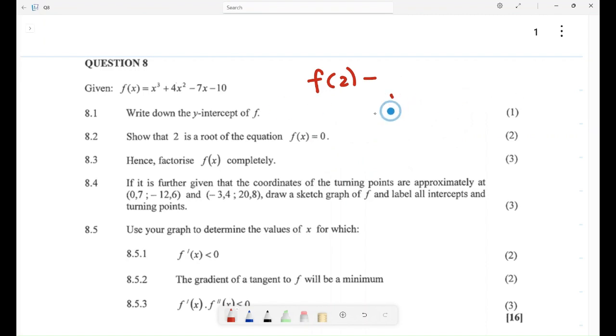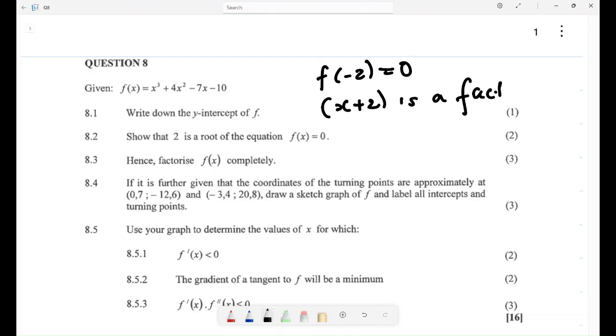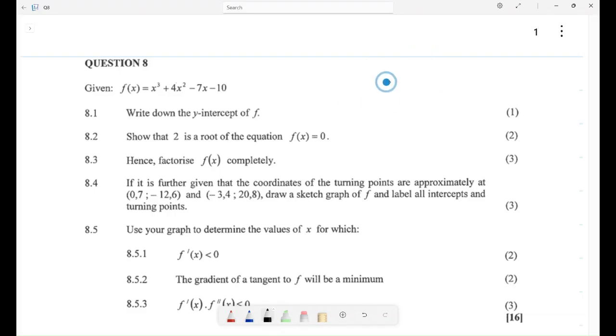Now, if we had f of negative 2 is equal to 0, therefore it means x plus 2 was gonna be a factor. So please take note of this sign. It is very important.